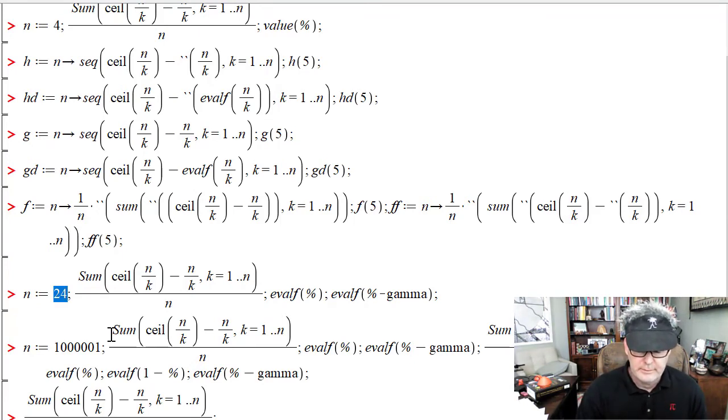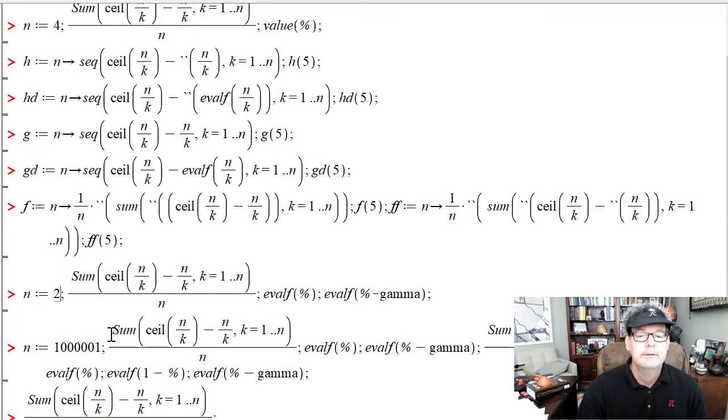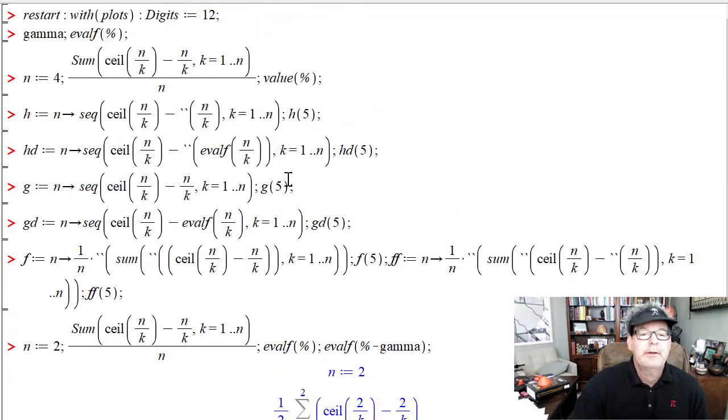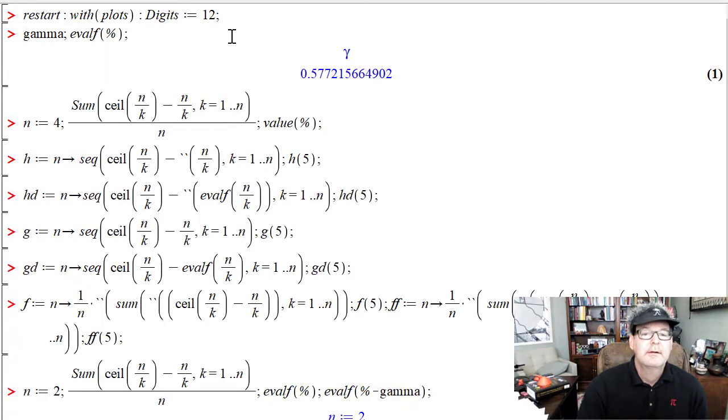We've got, well, I'll go ahead and start with 2. Oh, and I'm comparing with gamma. So this number is going to come up eventually. You don't see it now, that's for sure, but it will come up.